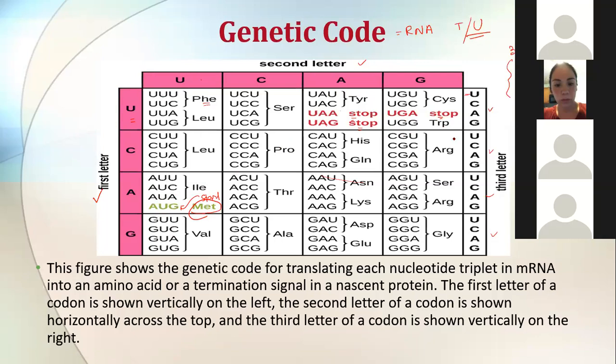They are UAA, UAG, and UGA. And I usually read it like that: University of Alabama, University of Augusta, and University of Georgia. It's very easy for me to remember.